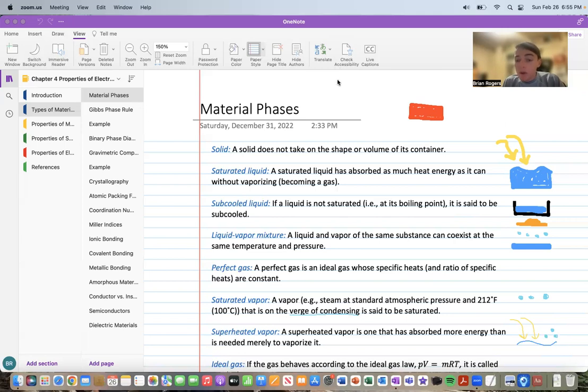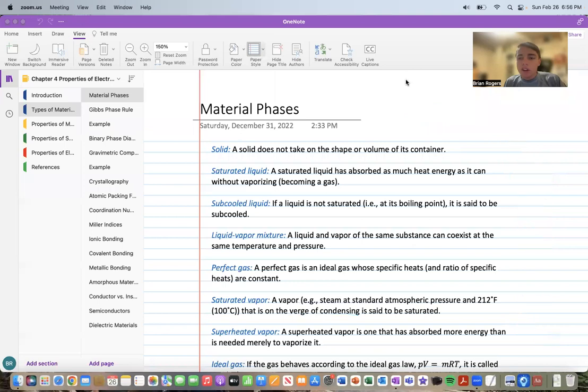But here what we're going to see is that it absorbs more energy than it needs in order to vaporize it. It basically took more than was required to go from the liquid to the gaseous stage. So that's why we call it superheated, because it took in more heat energy than required to start vaporizing it.